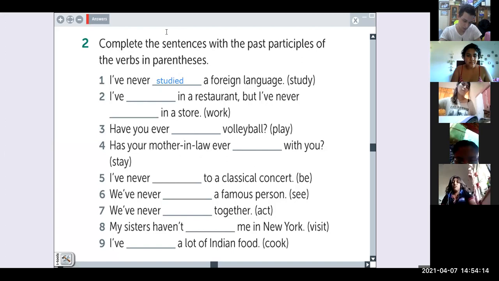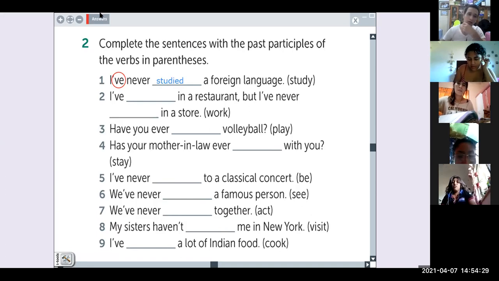Ok, algo que deben pronunciar muy bien para la contracción es el I've. I've never studied a foreign language. Okay, can you repeat the sentence, please? I've never studied a foreign language. Very good.